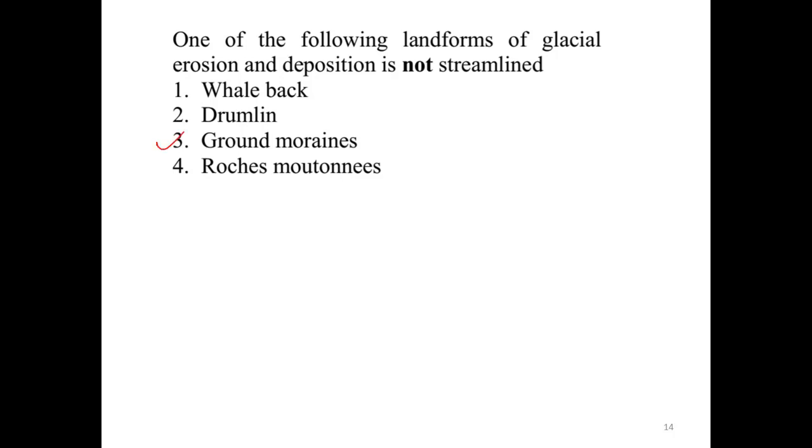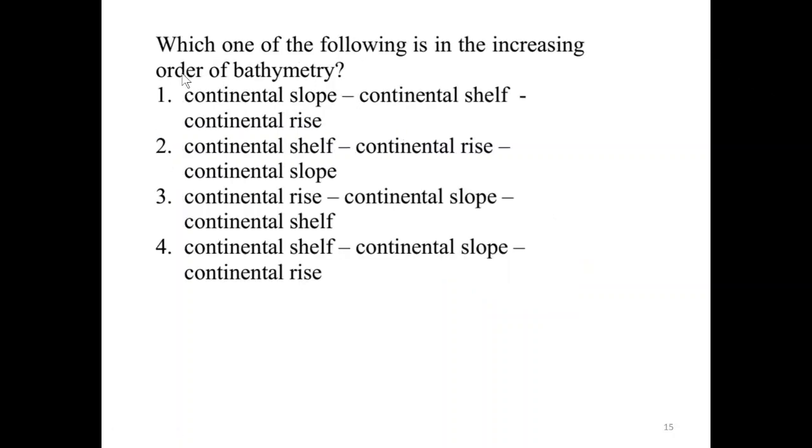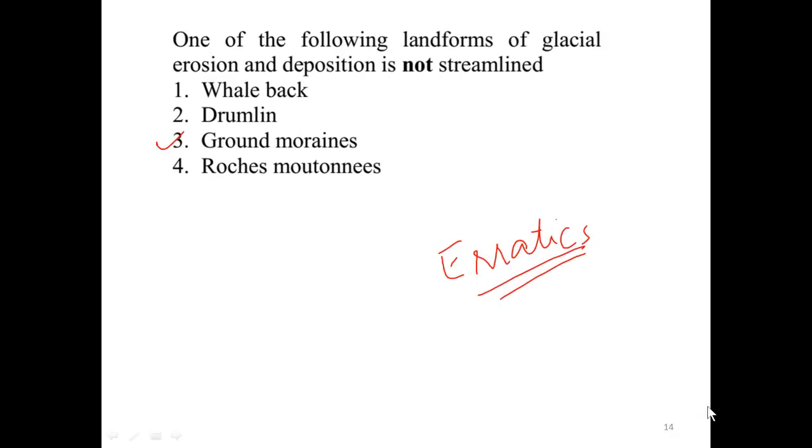Ground moraines are scattered and not well sorted, and that is why they are sometimes also referred to as erratics. So ground moraines are the glacial features which are not streamlined. So we have understood this question. Let us now look at the next question.